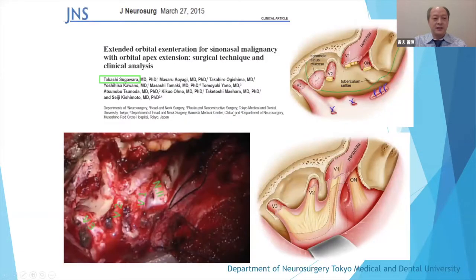And this is from my paper about extended orbital exenteration. Here you can see the middle fossa widely exposed and the lateral wall of the cavernous sinus here. And this is a schema. There are some triangles to get into the cavernous sinus.